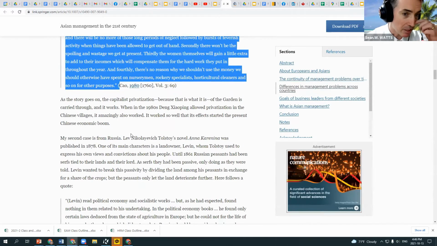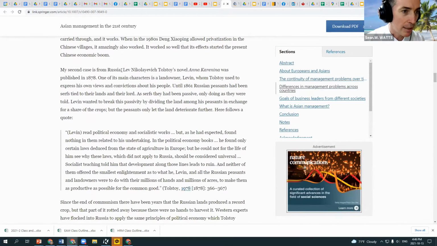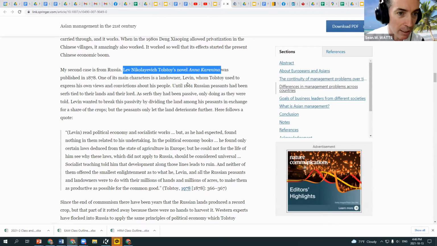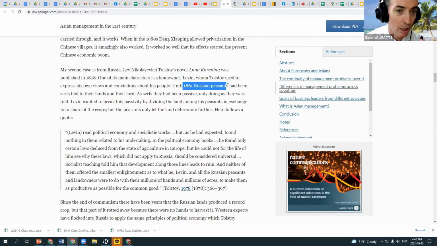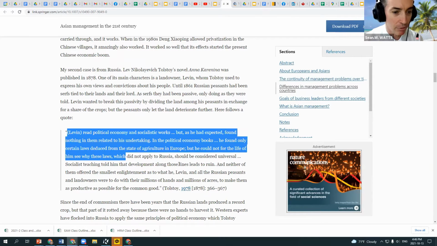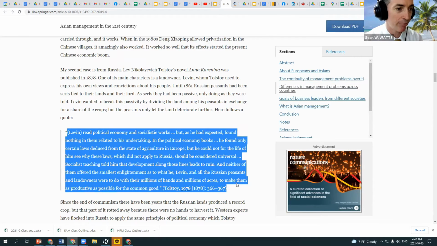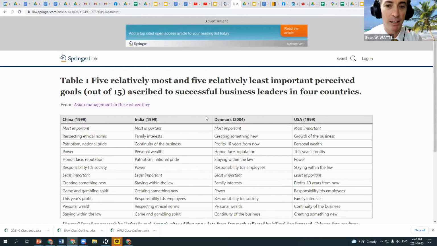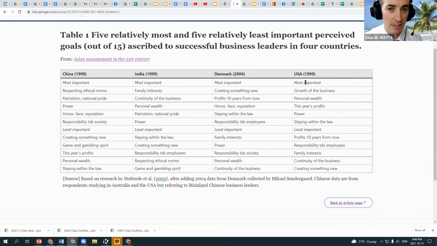And then they said it's not just China, it's around the world. Tolstoy, in his famous book created in 1861, talked about how to manage Russian people, and they reference that book. So it references 2 sources that are generally known around the world, but then he basically just surveyed 25 people, several from USA, Denmark, India, and China.